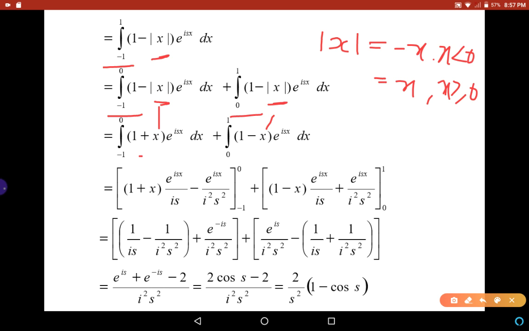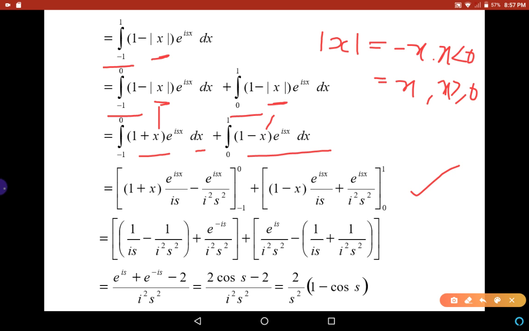Now, applying integration by parts in these two integrals, we get (1 + x) e^(isx)/(is) minus e^(isx)/(i²s²) within the limits -1 to 0, and here (1 - x) e^(isx)/(is) plus e^(isx)/(i²s²) within the limit 0 to 1.